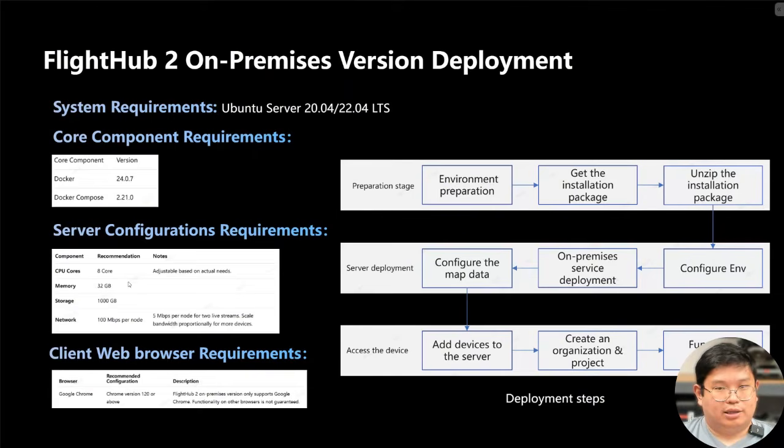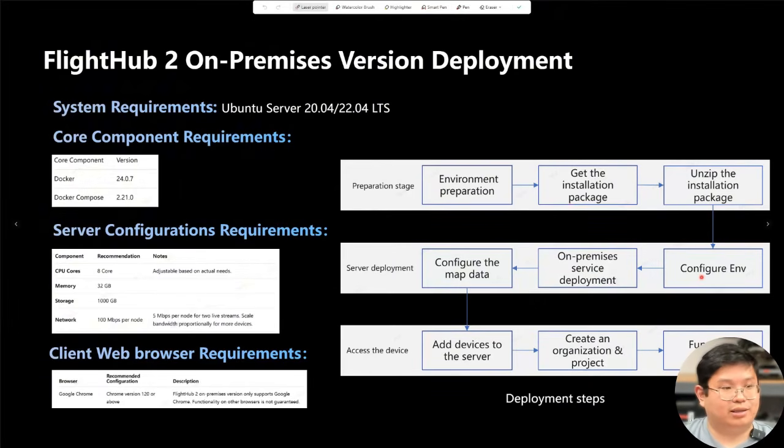On the right side, that shows the overall workflow. I'm going to bring up the laser pointer. Okay, so first we have the environment preparation, getting the dependencies and the operating system installed, then getting the installation package transferred to the server and unzipped. Then configure this env file, which is a configuration file for you to define where you're going to install FlightHub 2 on-premises, and which IP address and which port you'd like to use for the component services.